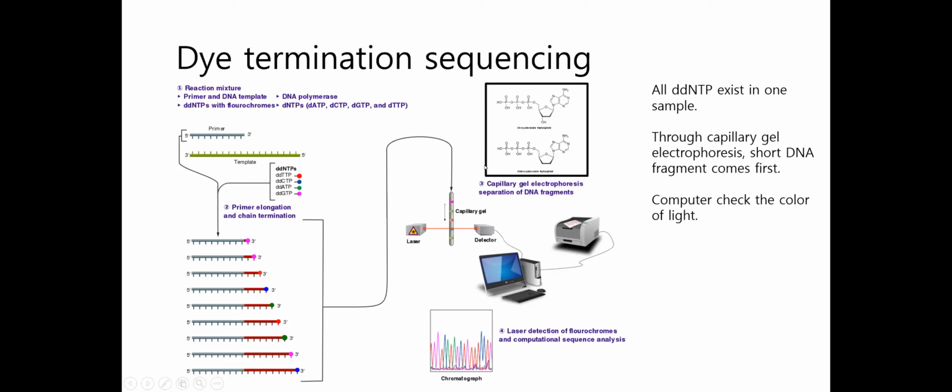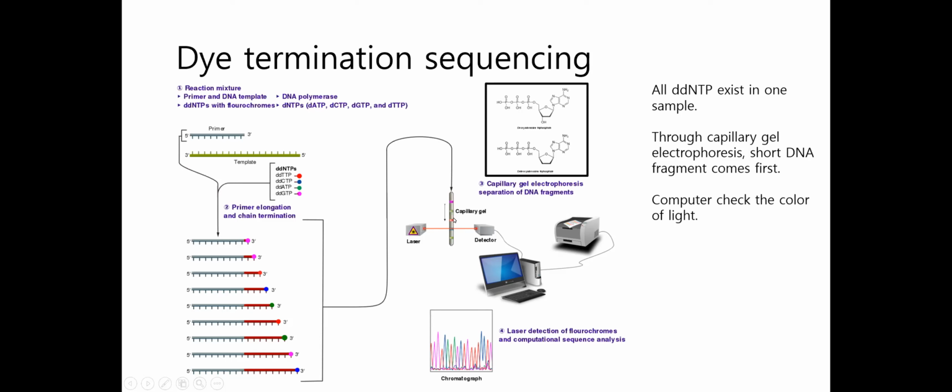So we use all the ddNTPs in one sample, and after the process ends, we use gel electrophoresis, same as the previous method, and then the laser hits the molecules, and the fluorescent molecules emit different lights.